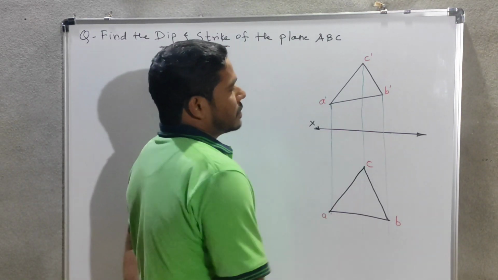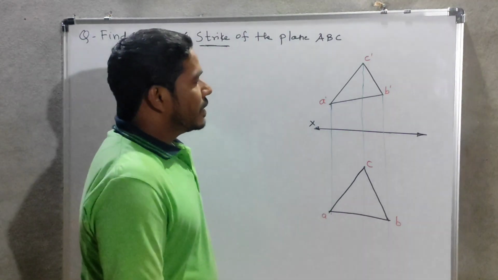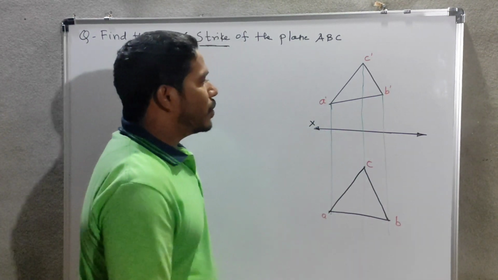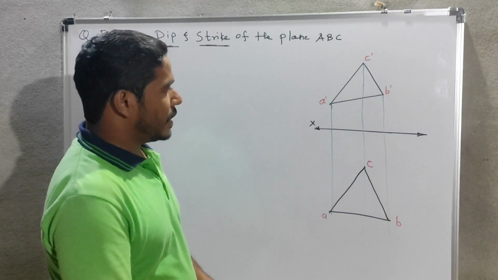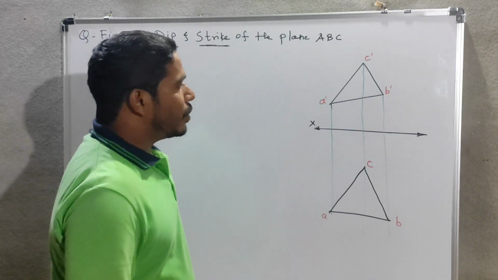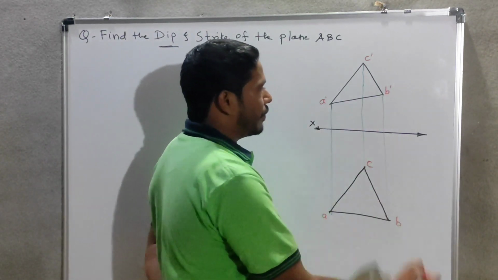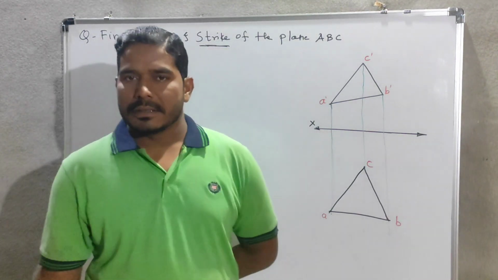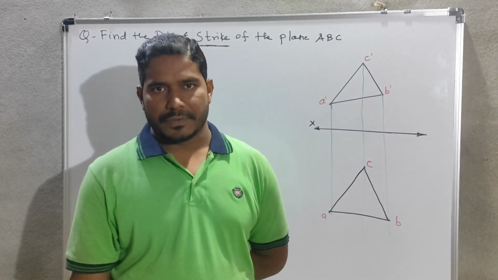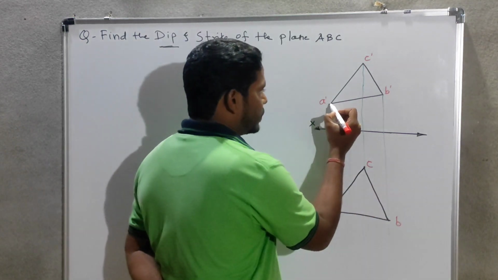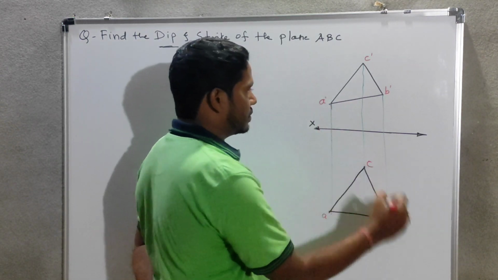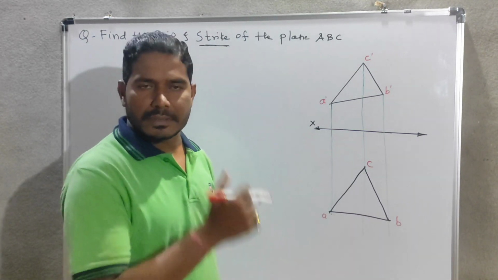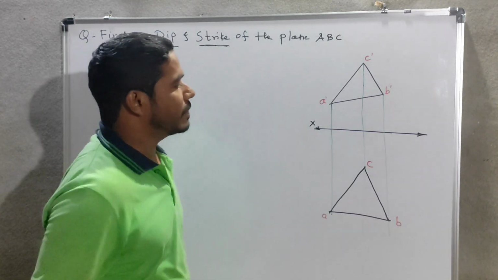So the first step is that we have to draw the longest horizontal line in the front view. Now, when will we get this longest horizontal line in the front view? Suppose I draw the line from point A, I will not get the longest horizontal line because the line will not pass through the plane.